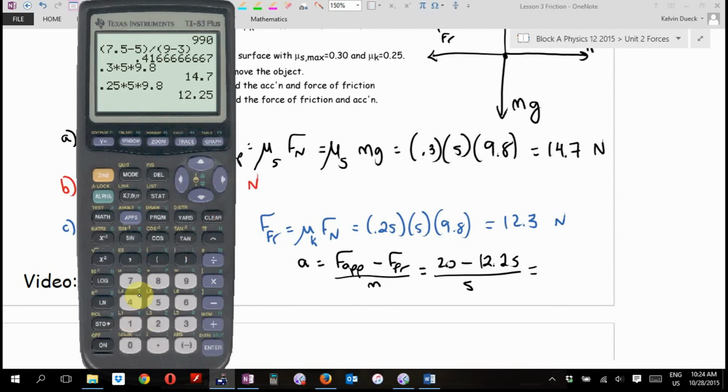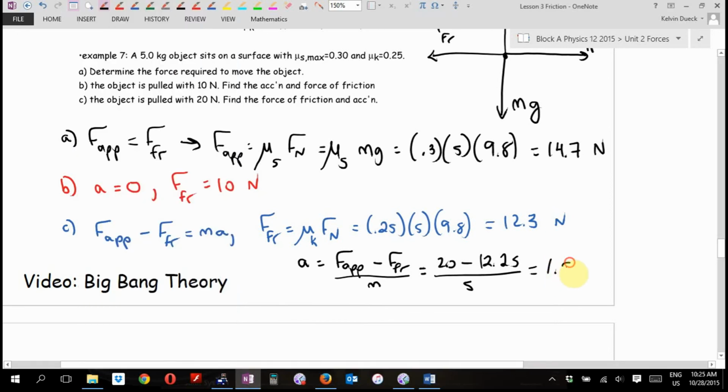It's in the morning. My brain isn't quite okay. In brackets, because there's more than one number on the top. Divided by 5. Wow! I was totally off. 1.55. Wow. 1.55 what? Units. It's an acceleration. Meters per second squared.